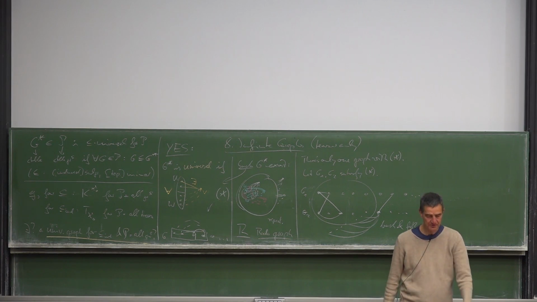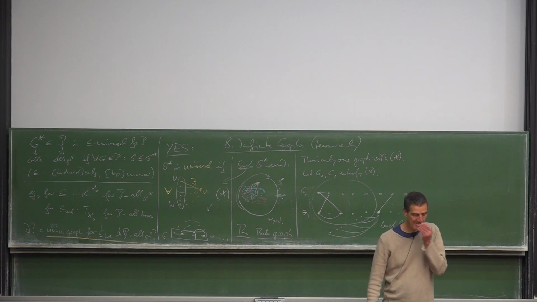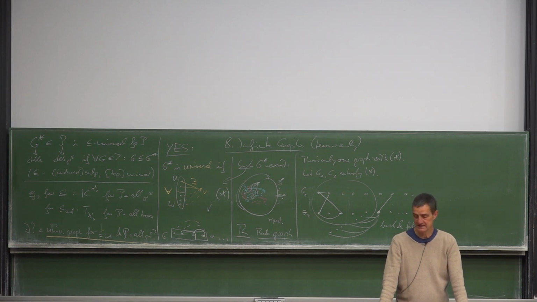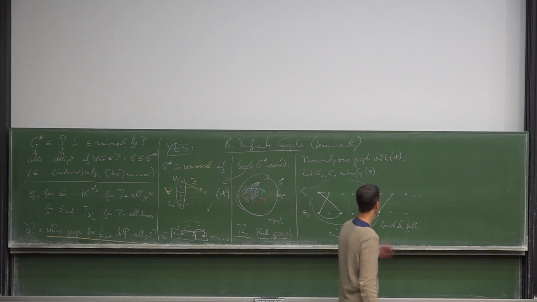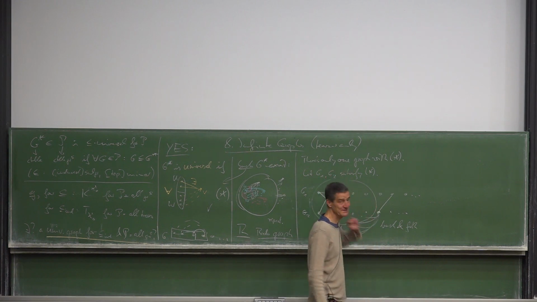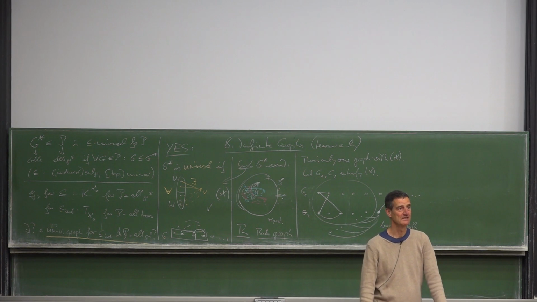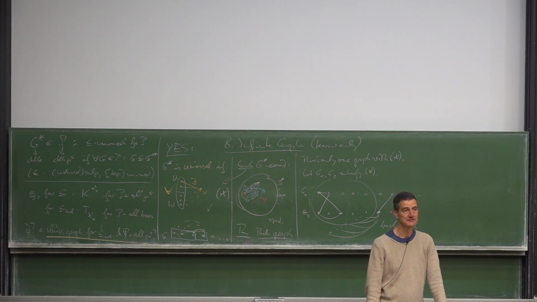Right, more properties. We'll be talking about random graphs later in the course, and in a sense, this is the unique countably infinite random graph.